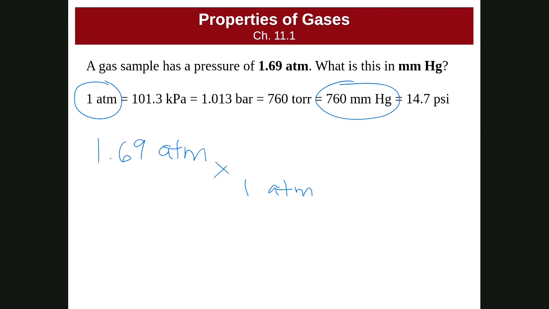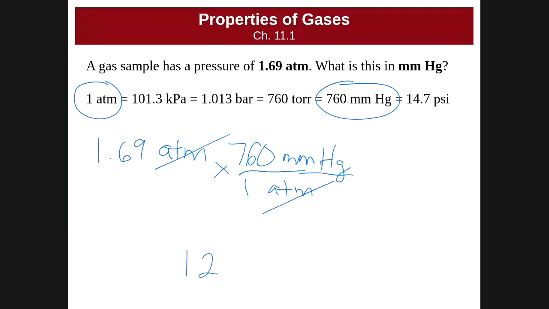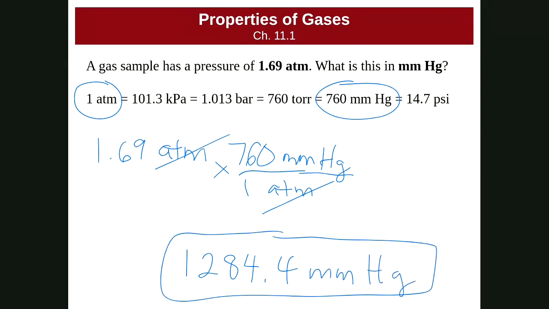Now we can cancel out atmospheres and we'll end up with the unit that we're looking for. So we've got 1.69 times 760. So 1.69 atmospheres is equal to 1284.4 millimeters of mercury. And that's all it takes to convert between pressure units.